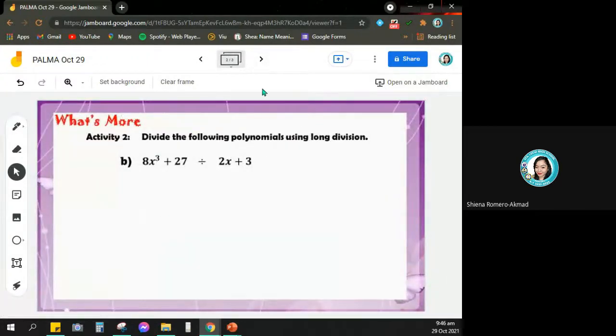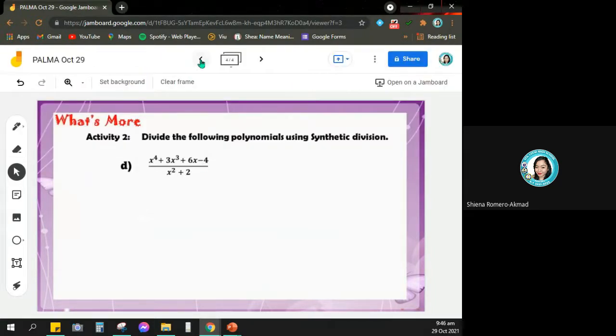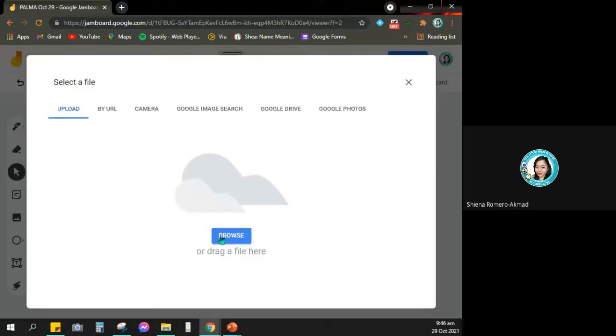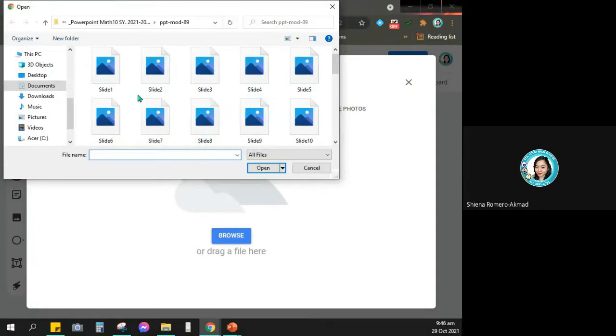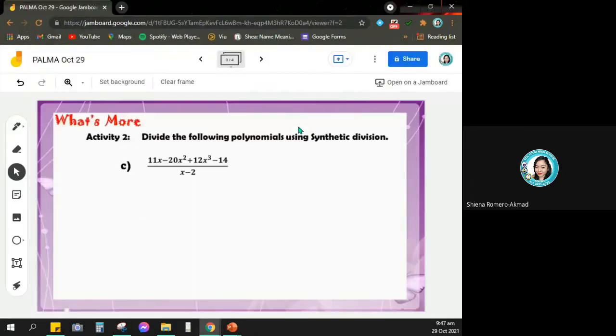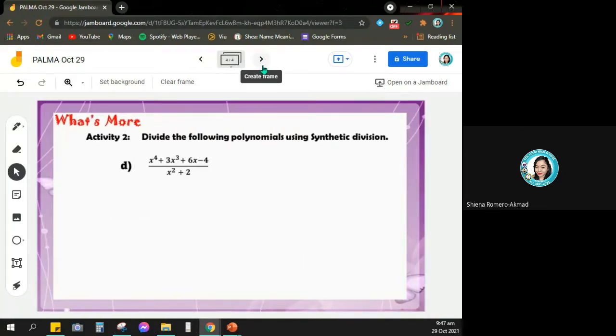Ako na magsasagot nitong B. So, lagi niyong tatandaan, arrange muna, check muna yung mga terms, i-arrange, tapos saka niyo siya maintindihan.